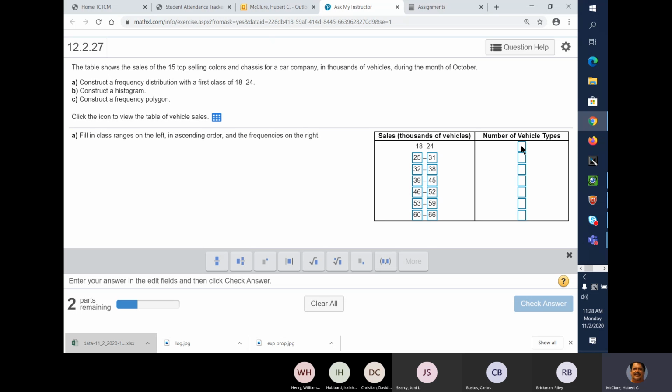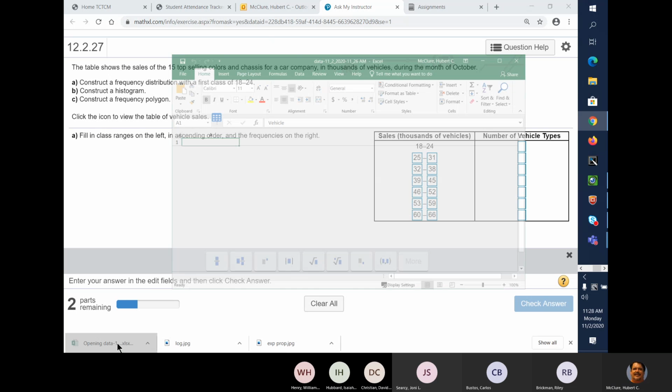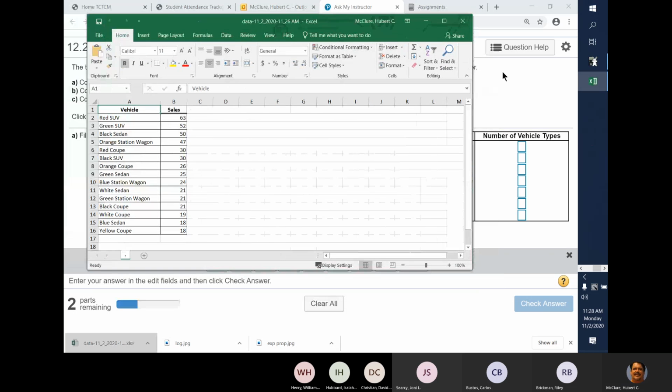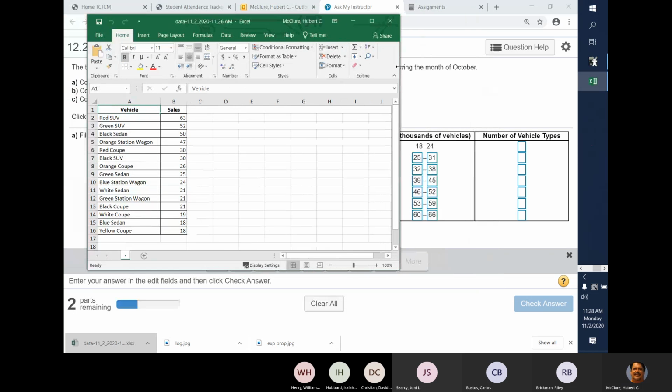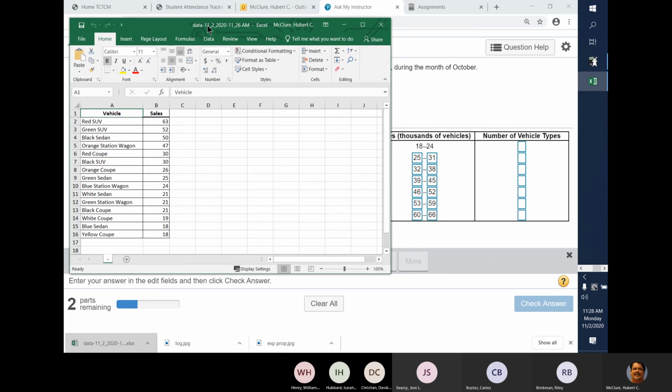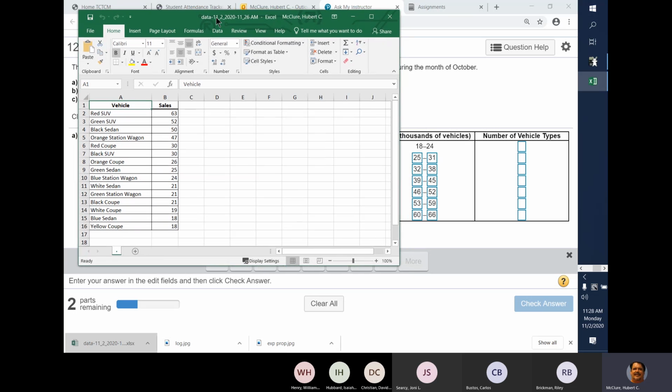Now you just got to do the number of vehicles. 18 to 24. So we're going to pull up our handy dandy Excel spreadsheet. There it is. Number of type vehicles.